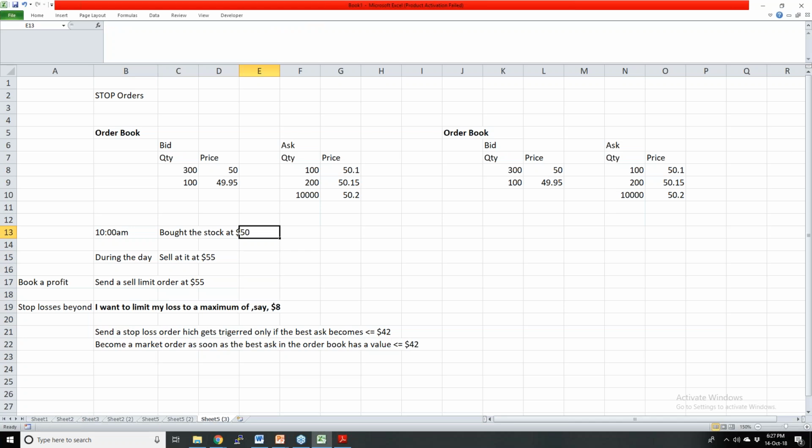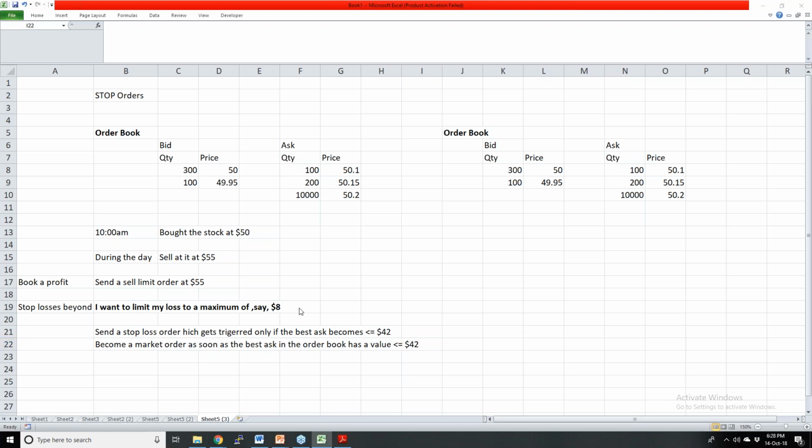Till the order book is trading like this, 50, 51, it will not get triggered. This stop loss order will not get triggered. As soon as the market is falling and the best ask goes below $42, I will immediately send a market order, and whatever the best bid at that point would be, my order will get traded.